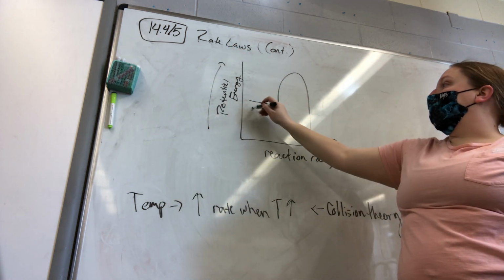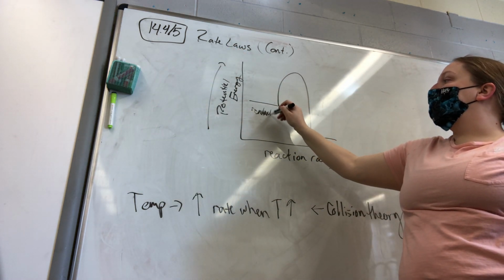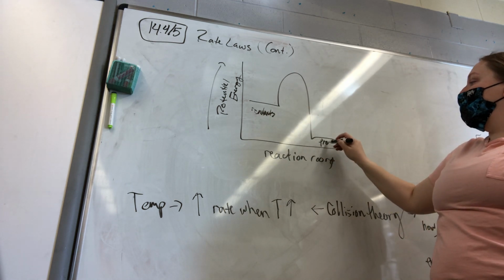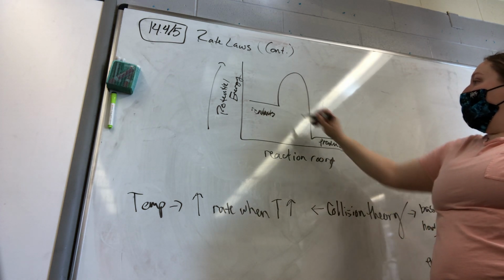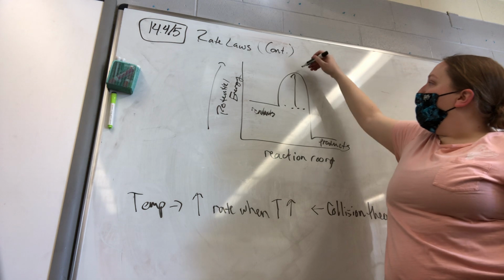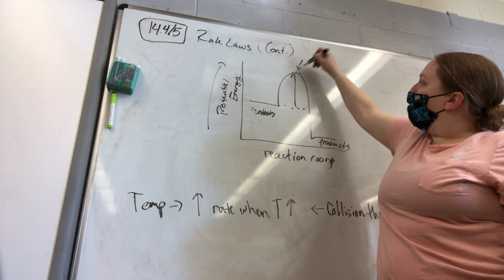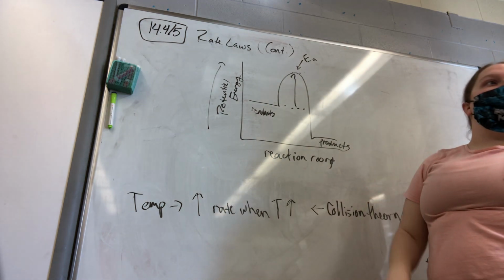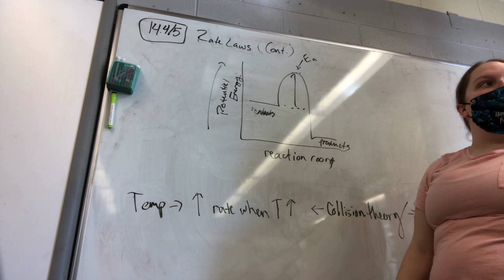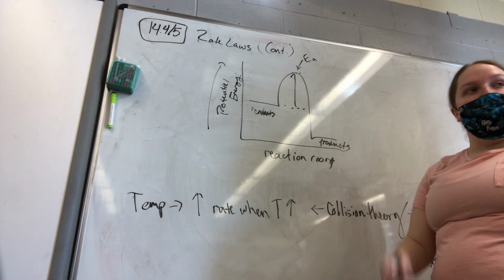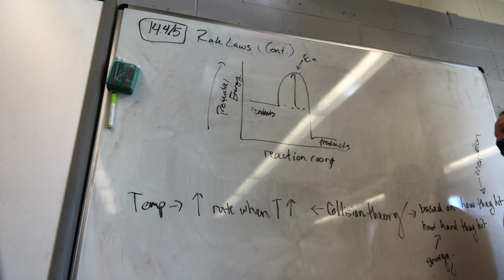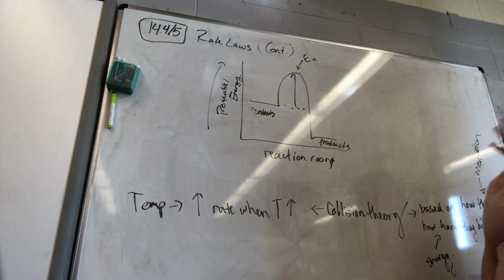A lot of times we started with our reactants and our products. We measured the height of the hill, and we called this the activation energy, aka the amount of energy required to get the two things to actually collide, or stick, or reorient themselves, react, etc.